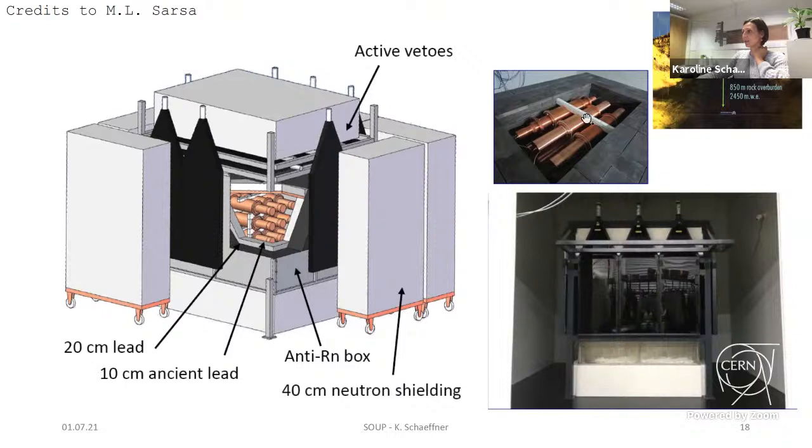Here they have also some access to the crystals where they can insert calibration sources. And then they have some active veto panels for muon tagging. And then, in order to reduce also the neutron background, some polyethylene shielding is put around.